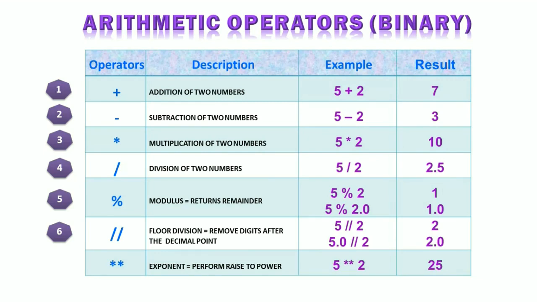That means though it removes the decimal part, if the numerator or denominator has .0 at the decimal place, then it will result in floating point values. Then we have exponent, which performs the raised to the power operation. It is represented by 2 asterisk symbols. Like 5 raised to the power 2 will result in 25.